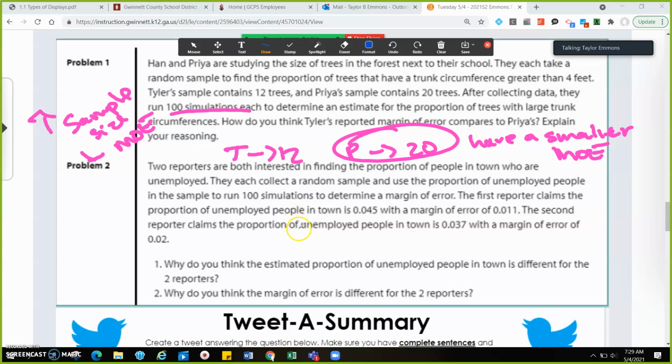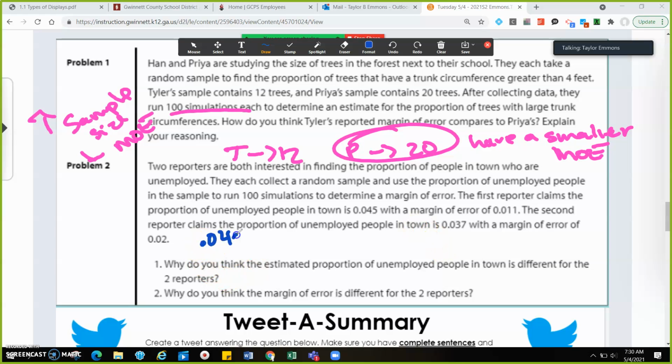The second reporter claims that the proportion of unemployed people in the town is 0.037 with a margin of error of 0.02. Why do you think the estimated proportion of unemployed people in town is different for the two reporters? Okay, so why did they get two different sample proportions and then two different margins of error?